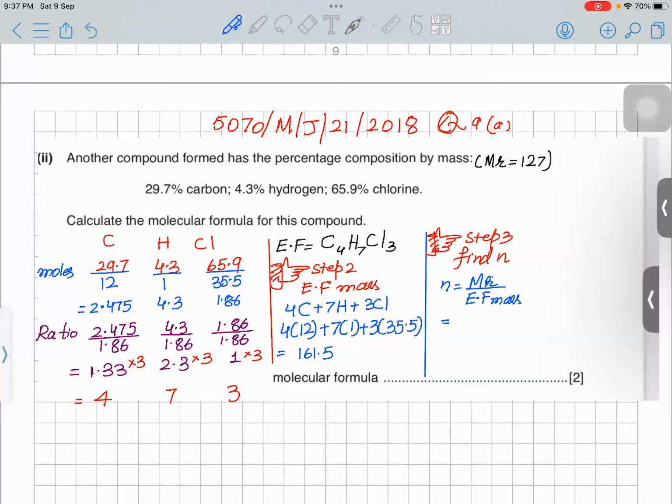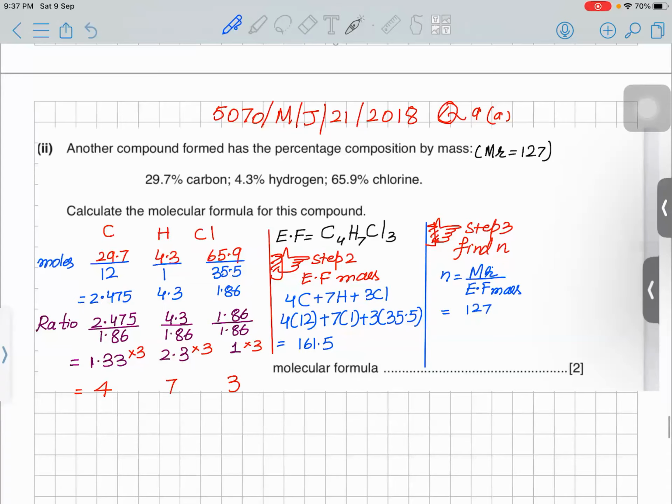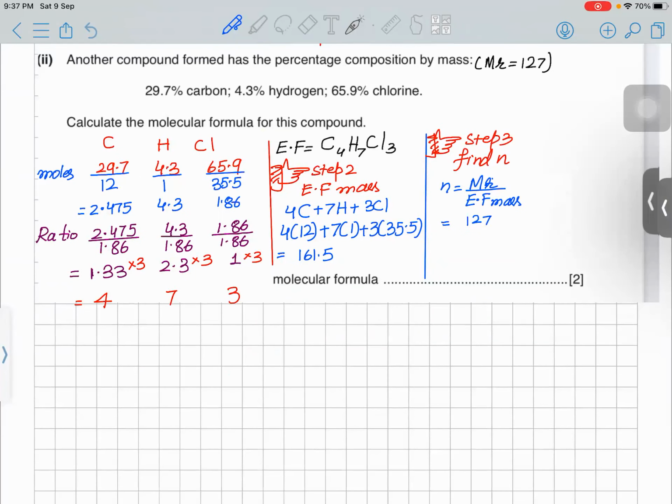MR is 127. No, this is not correct. This value is not correct. MR should be greater than the empirical formula mass.